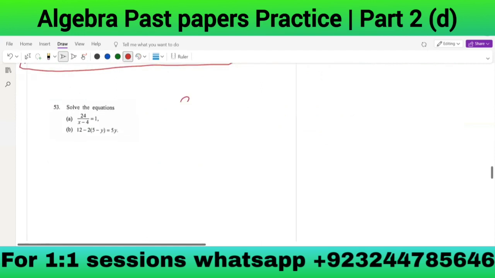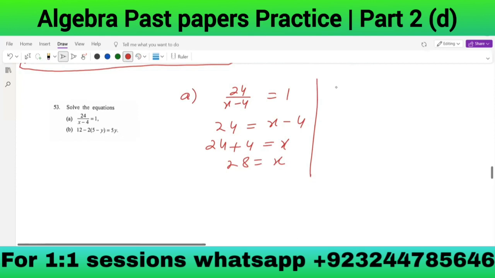Solve the equation. Part A says 24 by x minus 4 is equal to 1. So 24 is equal to x minus 4. 24 plus 4 is equal to x. So x is equal to 28.